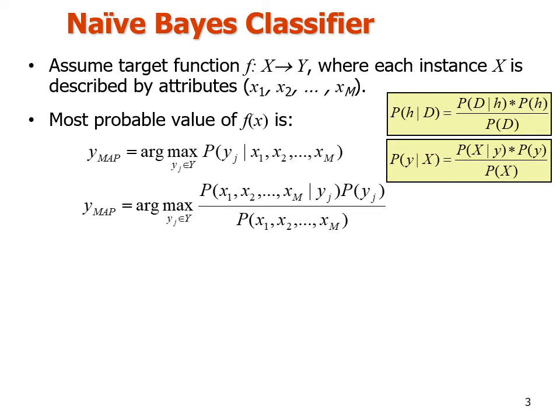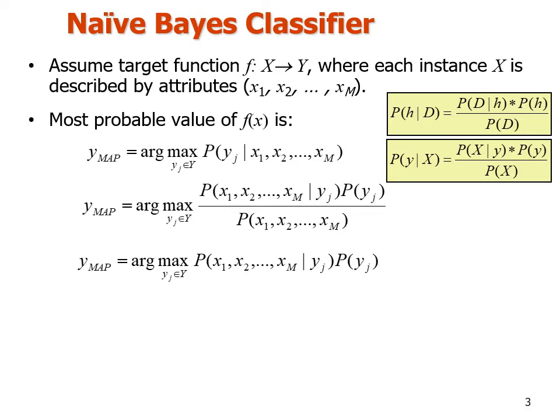As we did earlier, as the denominator in this expression is independent of the hypothesis, we may omit that and we can write y map is equal to argmax over yj, that belongs to Y, probability of x1, x2 up to xm given yj into probability of yj.